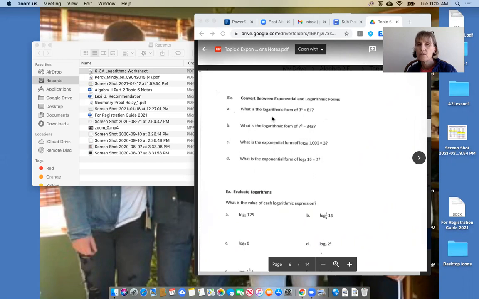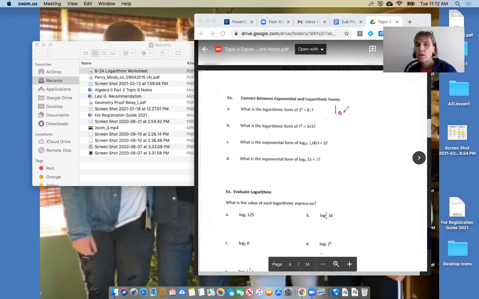So it says, what's the log form of 3 raised to the 4th power equals 81? Well, the question that you have to ask yourself is, which number here represents the base? Well, that would be the 3. So you want to say log base 3.